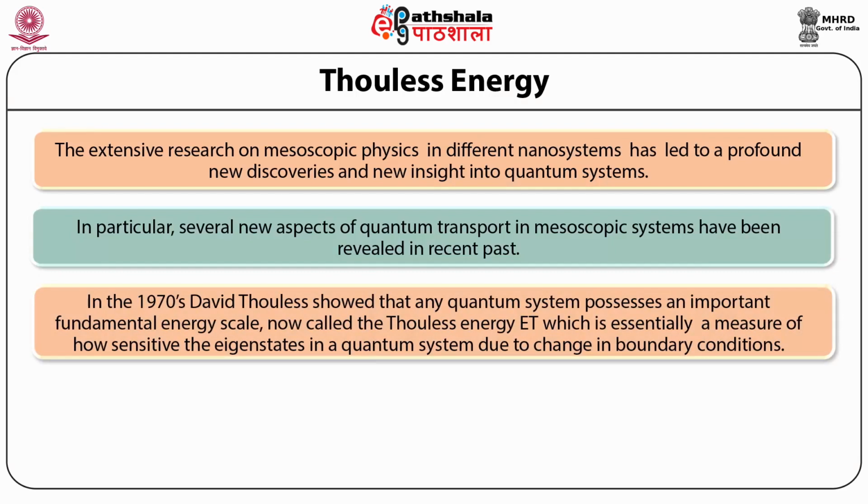In the 1970s, the scientist David Thouless showed that any quantum system possesses an important fundamental energy scale called the Thouless energy, that is E_T, which is essentially a measure of how sensitive the eigenstates in a quantum system are to a change in boundary conditions.